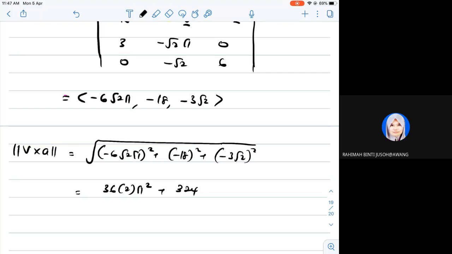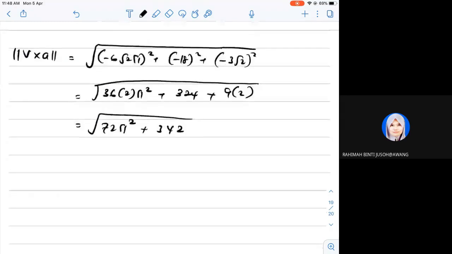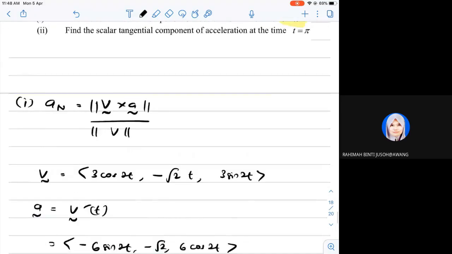If I say it wrongly, plus 3 squared is 9, square root 2 times 2, like this. So we will have 36 times 2, 72 pi squared, 324 plus 18, 342, like this.